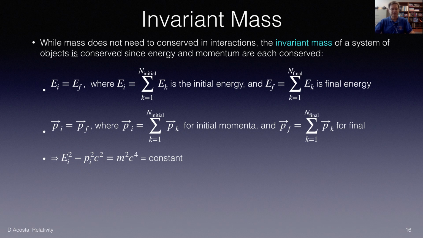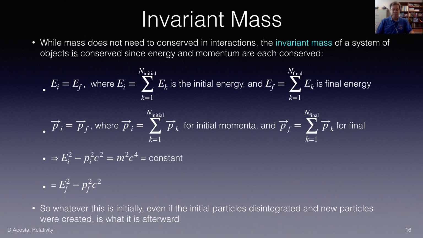In other words, that expression here is equal to this one here, where I use the final energy squared minus the final momentum squared. Okay, so that has to be the same constant. So whatever this m squared c to the fourth is, this invariant mass I call it, whatever that is initially, even if some of the particles disintegrated and new ones were created, is what it is afterward.